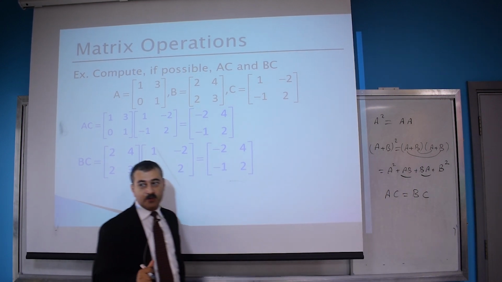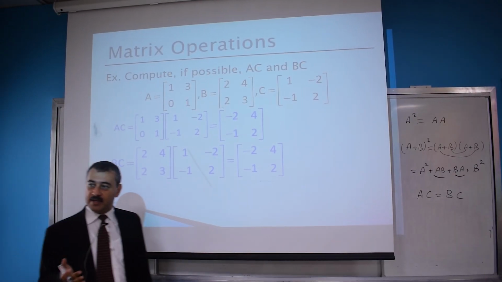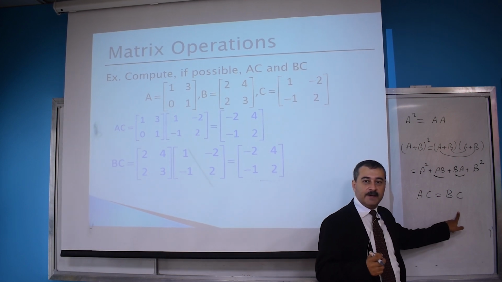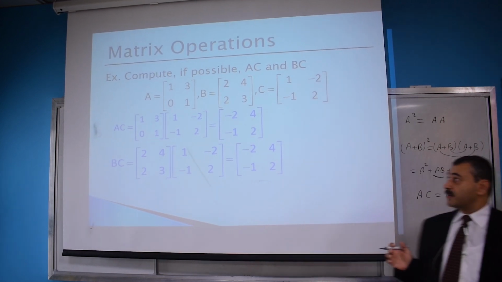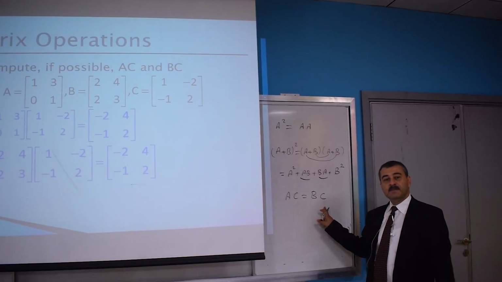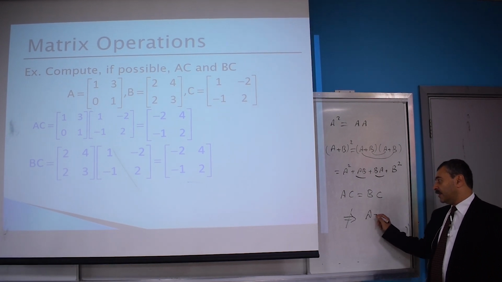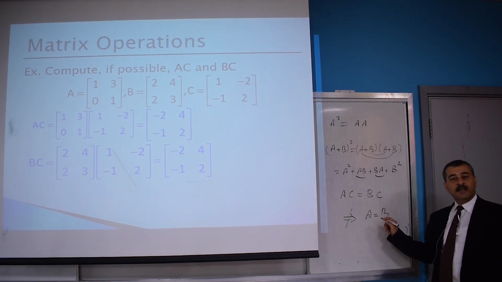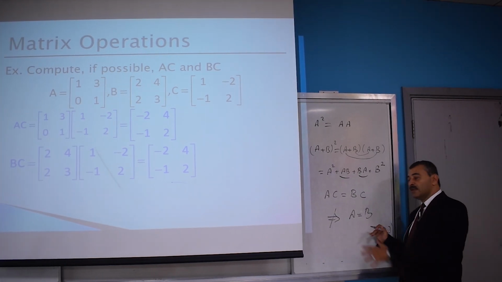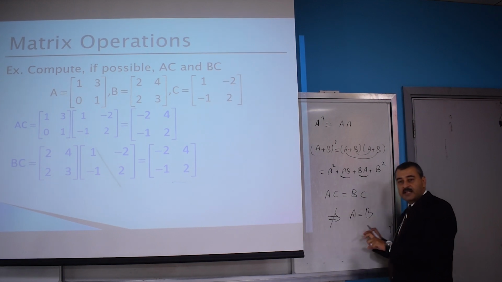So in matrices, when you have AC equal BC, this does not necessarily imply that A equal B. As you see in this example, A is not B, but the product here is the same. So in general, this does not imply that A equals B. Later on, we'll see some condition under which AC equal BC would imply A equal B in some cases.